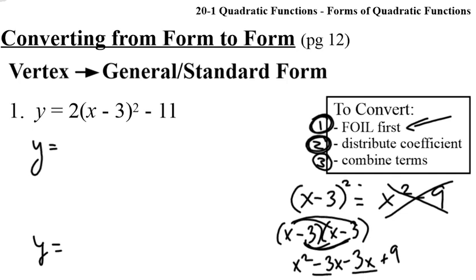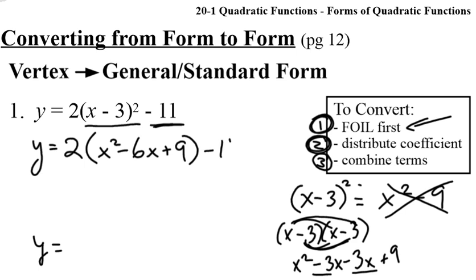Simplify those. So our first step leaves us with 2 times x squared minus 6x plus 9. And don't forget, we still have subtract 11. Always, to go from vertex to general, start with that FOIL step.